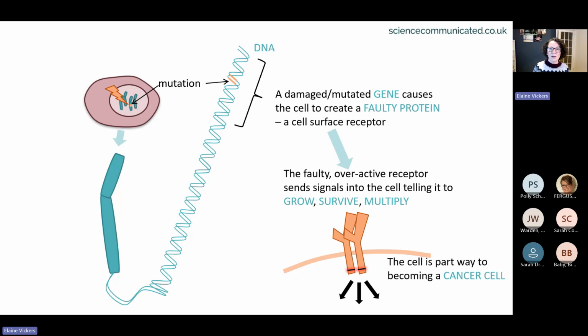But the repertoire of proteins a cell is making, how much of each one, where they're located, what they're doing, that dictates the cell's behavior. And so if a gene becomes faulty, if it's damaged, if it's mutated, and the cell makes a faulty version of a protein, it's going to start behaving abnormally, and it may start taking on some of the properties of a cancer cell.